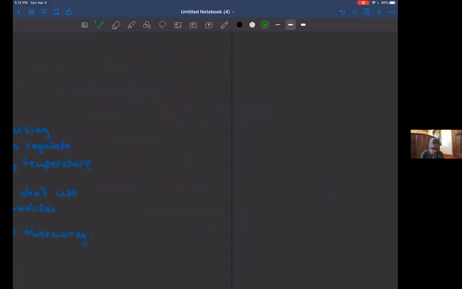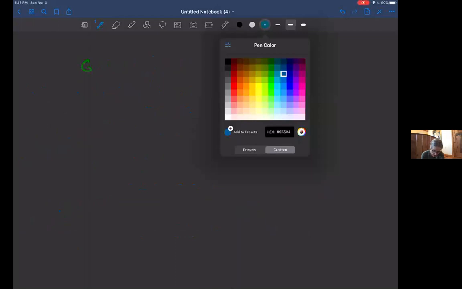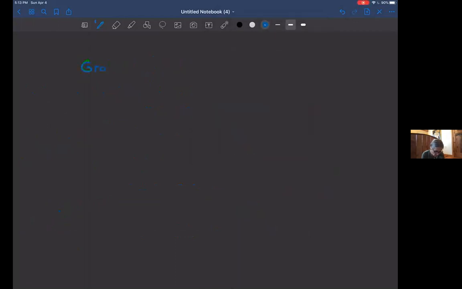We could also use our energy for growth. And maybe I'll switch back to blue here. So it could be growth. We could also use our energy for reproduction. We could also use our energy for storage. Maybe we need to store up energy for lean times in the year.